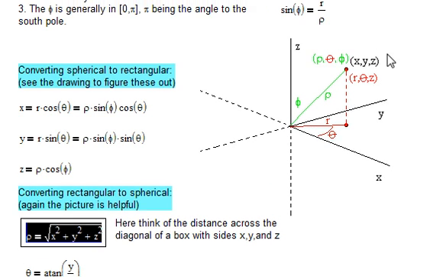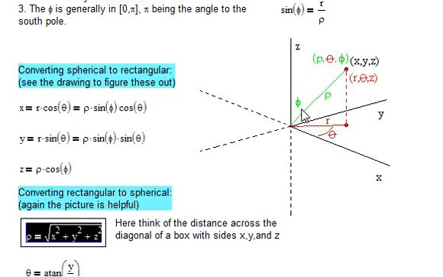Well, phi is this angle right here, and if I called this angle phi, then this one would be pi over 2 minus phi, and sine of pi over 2 minus phi is z over rho.